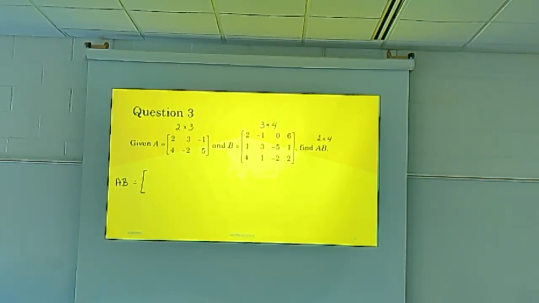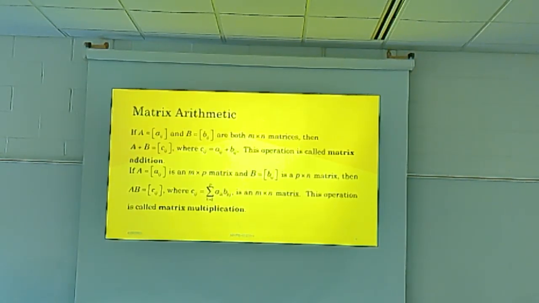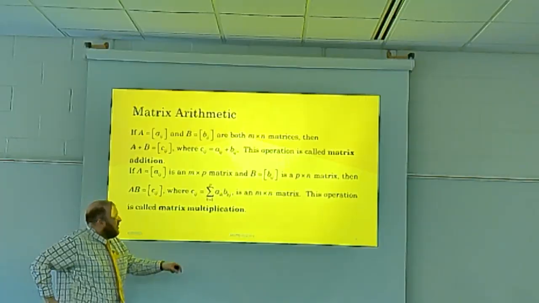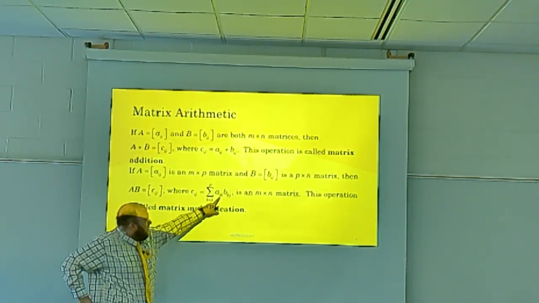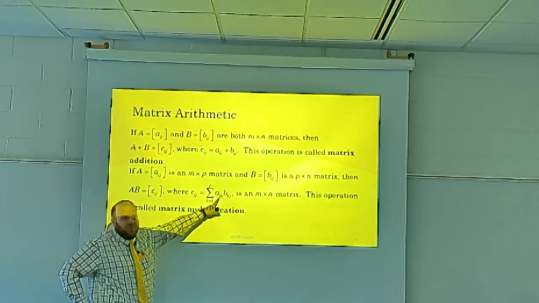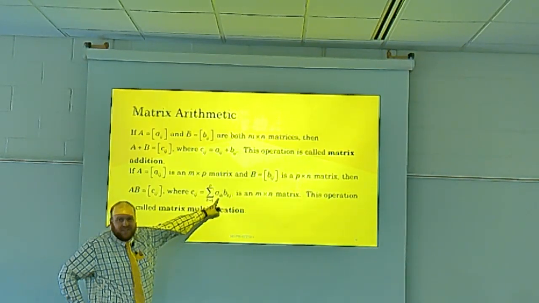So start with the 1, 1 entry. If we come back, notice you keep the row of A the same.